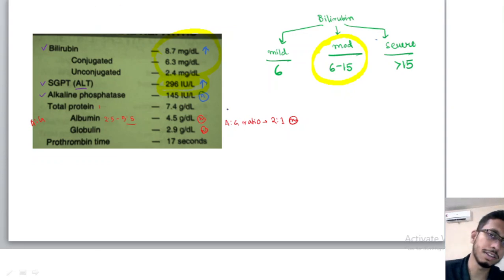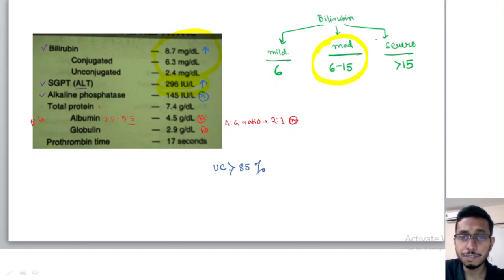Once you reach the conclusion that this is jaundice, the next thing is to look at the fraction of unconjugated and conjugated bilirubin. It is called indirect hyperbilirubinemia when the unconjugated fraction is more than 85%.